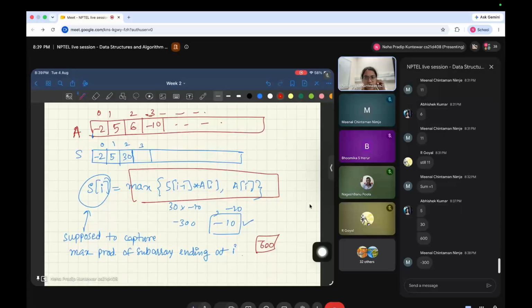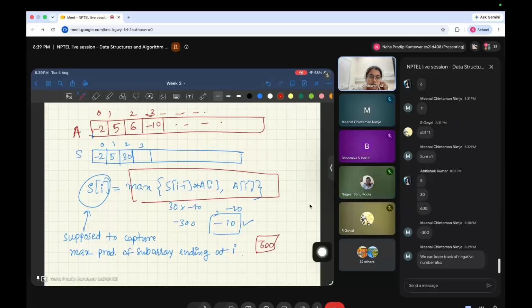I think Meenal had an idea. Do you want to share? Yes, ma'am, we can keep negative numbers also, apart from positive numbers. Yeah, so the idea is that you will keep two arrays now.